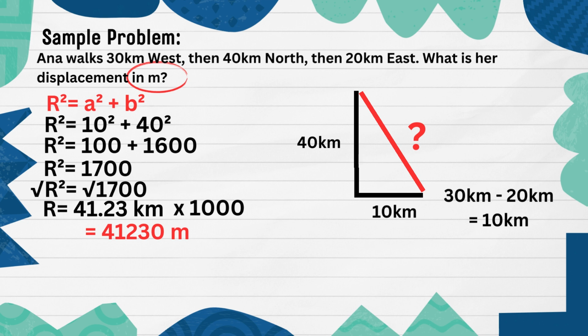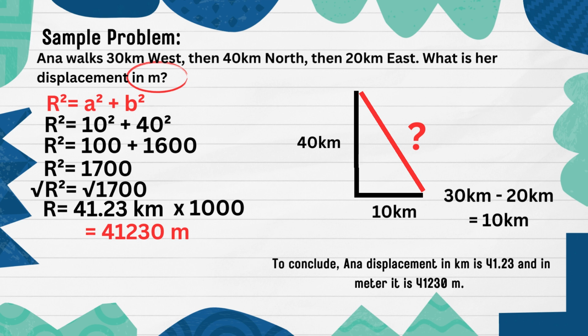In 41.23 km, there are 41,230 meters. To conclude, Anna's displacement in km is 41.23 and in meters it is 41,230 m.